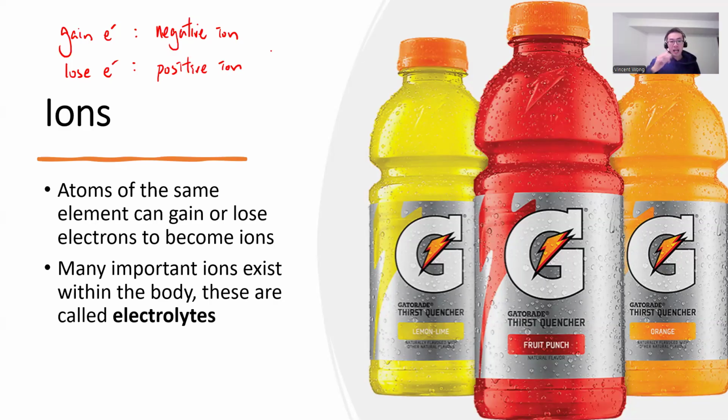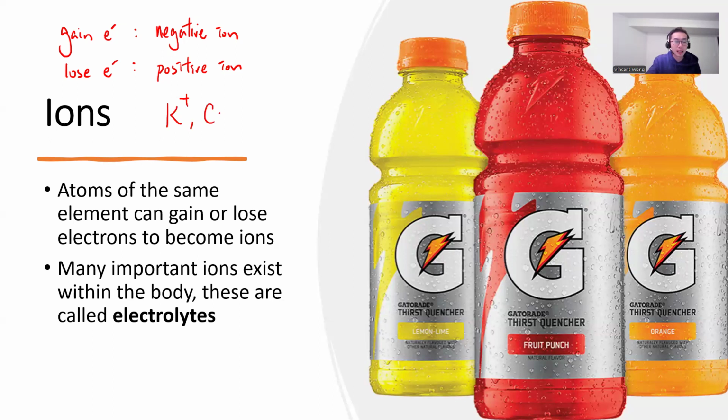And we have a lot of these ions in our body, in the blood, for example. These ions are important because they form the electrolytes. If you sweat a lot after working out, or if you have diarrhea, you're losing a lot of these electrolytes, and it could be dangerous. That's why you need to replenish them. Nadia is giving us a bunch of examples in the chat, which is very good.